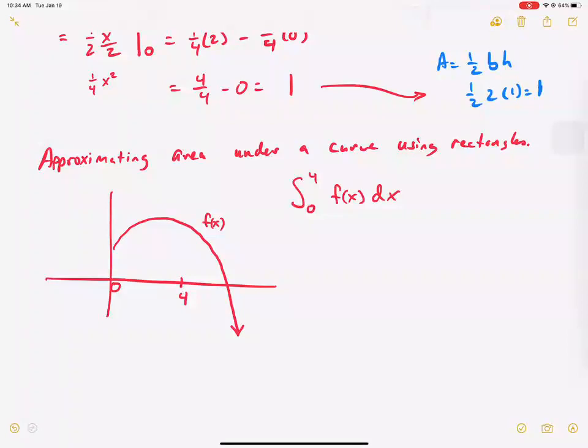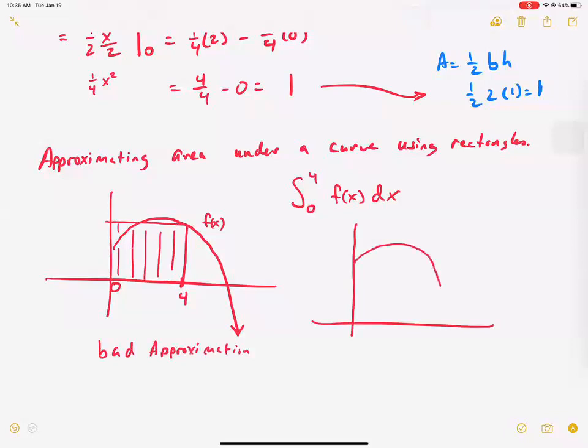First, we can just draw one big box from 0 to 4 and say, that's good enough, right? Would this be a good approximation or a kind of a crappy approximation? Kind of a bad approximation, right? So we say, you know what? Let's give ourselves more boxes. Go ahead and break this up into 2 boxes.